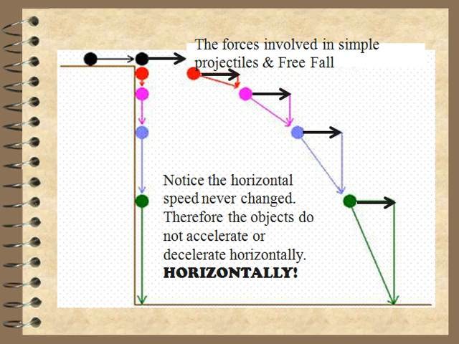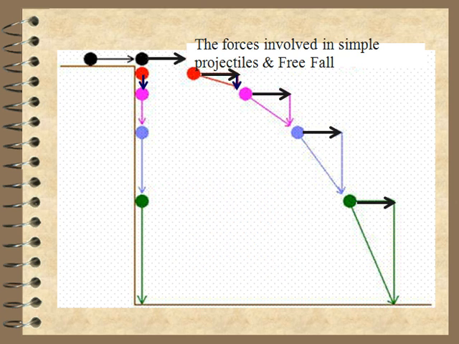We talk a lot about physics without friction, but this is really close to actual. Notice that the horizontal speed never changes. Therefore, the objects are not accelerating at all horizontally. We know, however, that they will accelerate falling downwards, because everything falls to the earth at what rate?